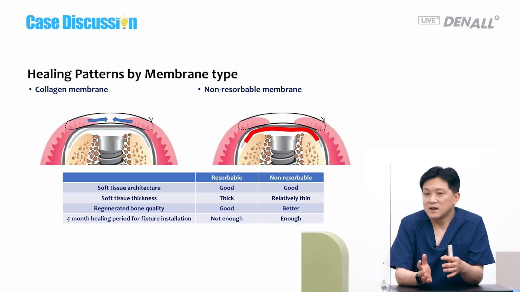In terms of the regenerated bone quality, I believe non-resorbable membrane shows better quality compared to collagen membrane. Is a 4-month healing period for fixture installation a good period of time? When you use collagen membrane, it's not enough, and we can see harder bone when you use non-resorbable membrane. So there are such differences, and you need to keep that in mind to approach socket preservation.